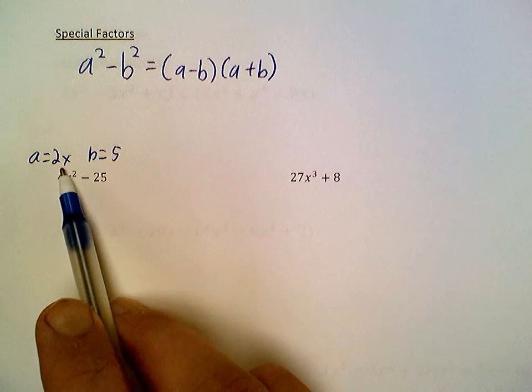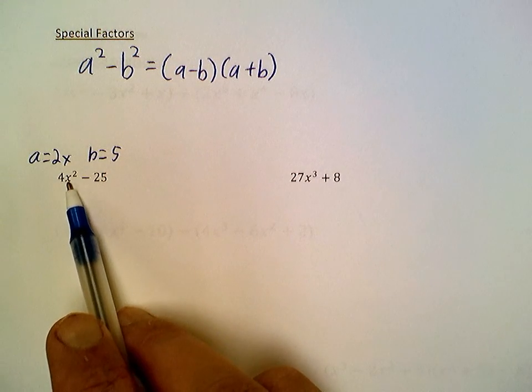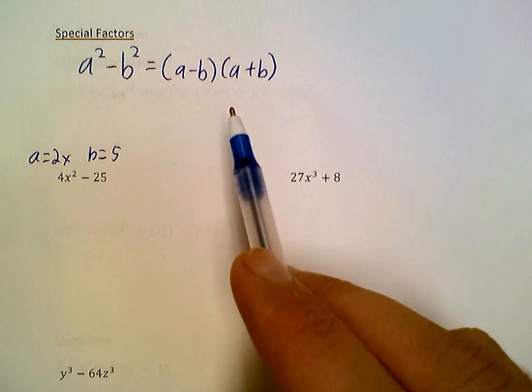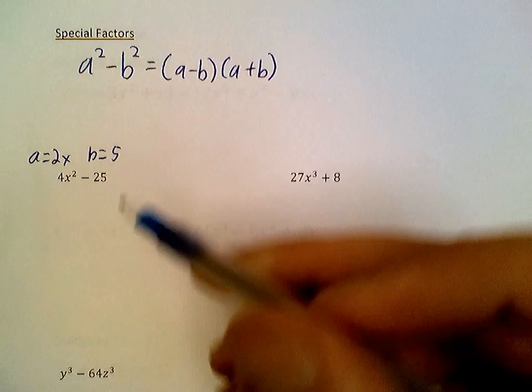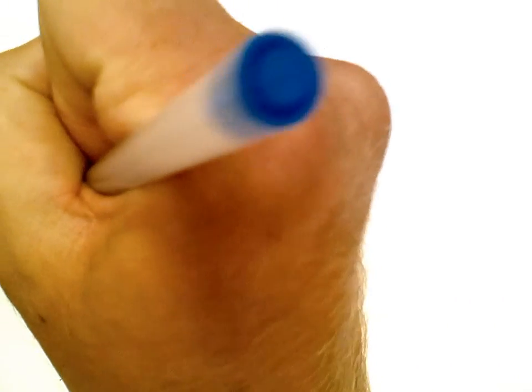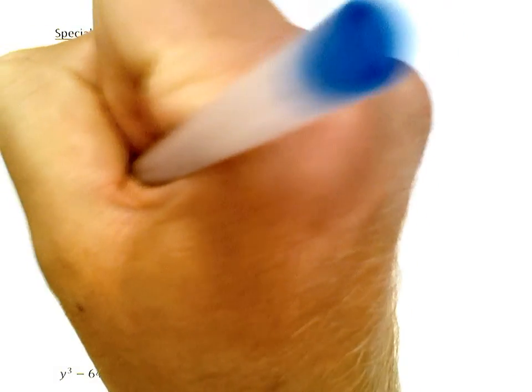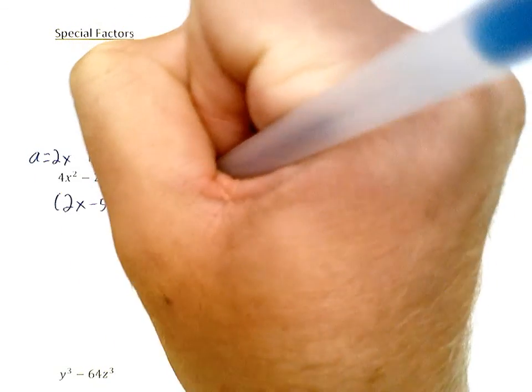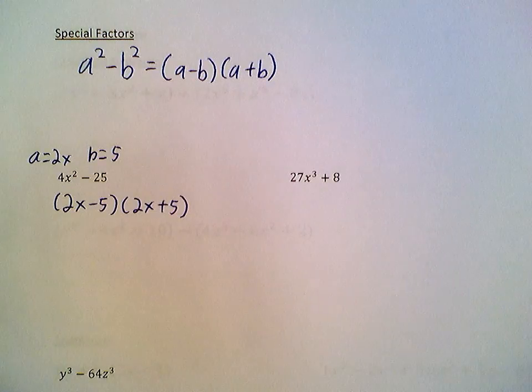Okay? Because 2x squared is 4x squared and 5 squared is 25. So following the pattern above, you can factor 4x squared minus 25 into 2x minus 5 times 2x plus 5. And that's it.